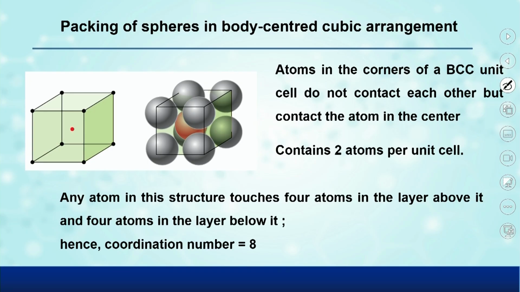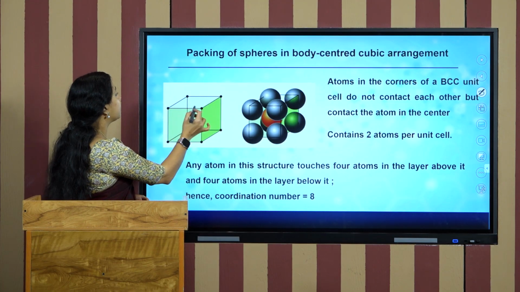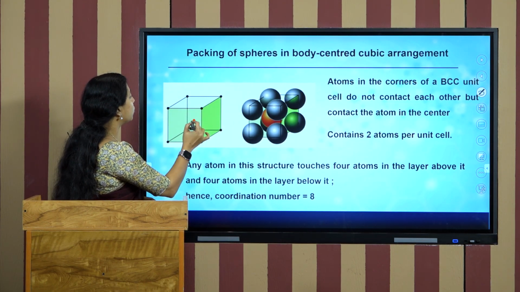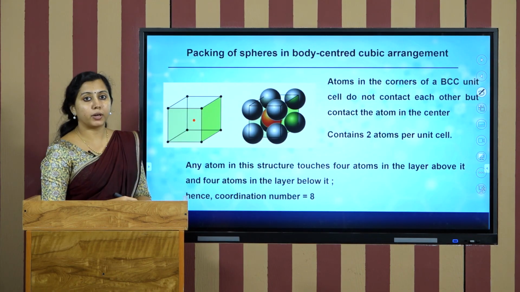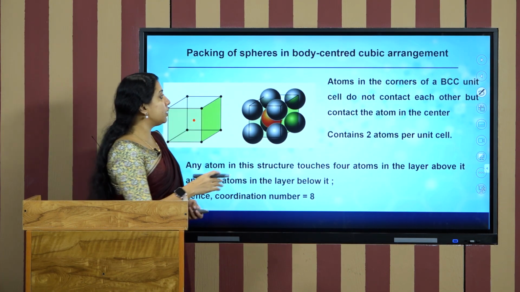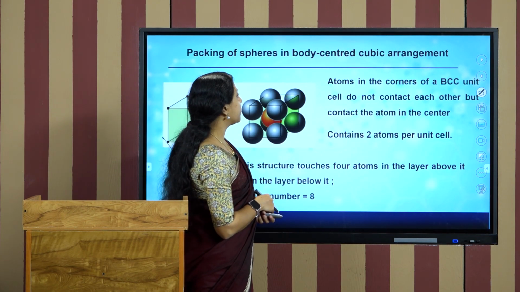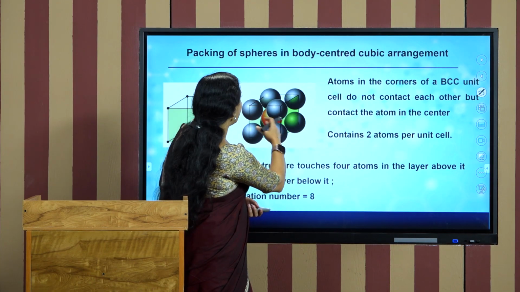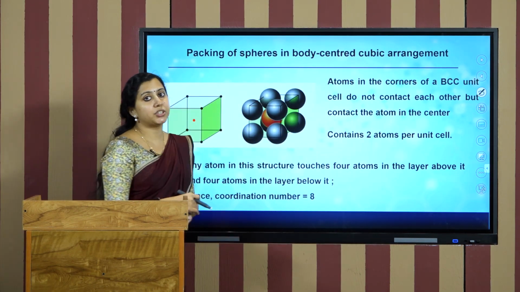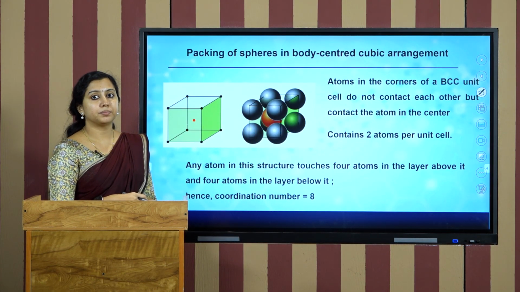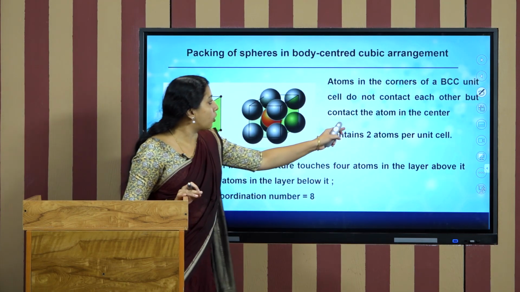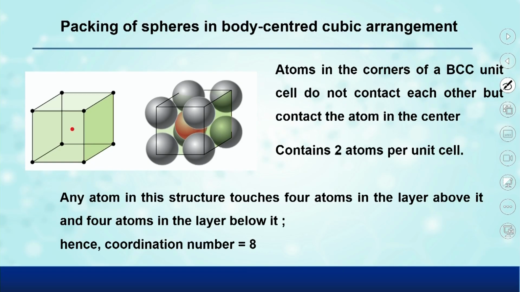Given here is a body centered cubic lattice. We know that in a body centered cubic lattice, the atoms are present at the corners and also at the center of the body. So, in a BCC unit cell, the atoms in the corners do not touch each other, but they contact the atom in the center.